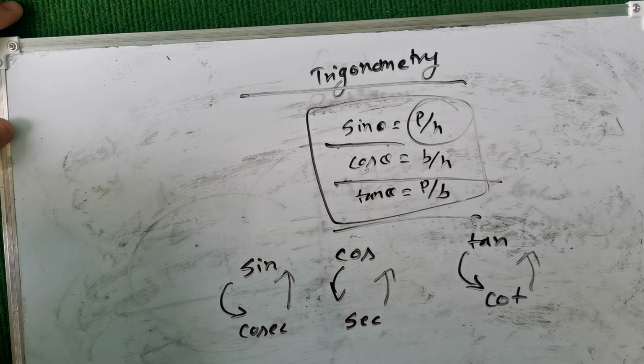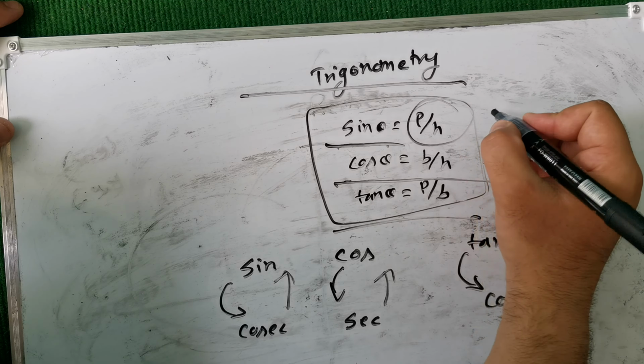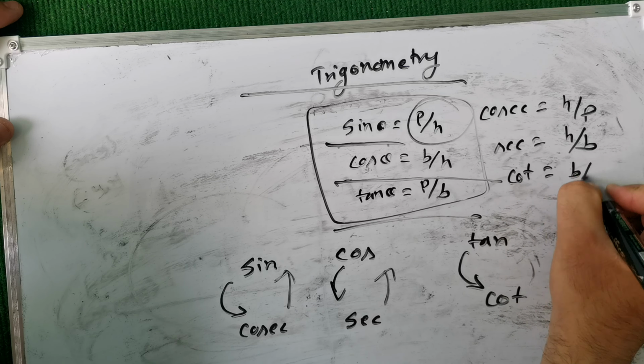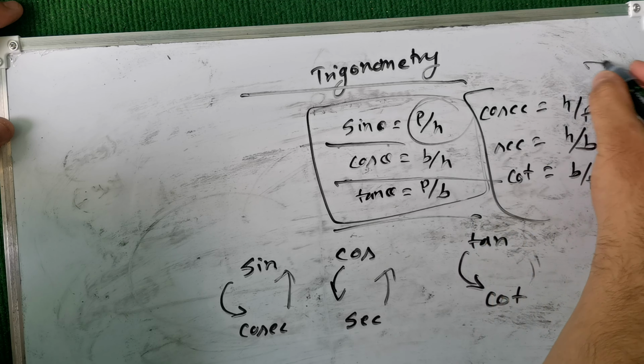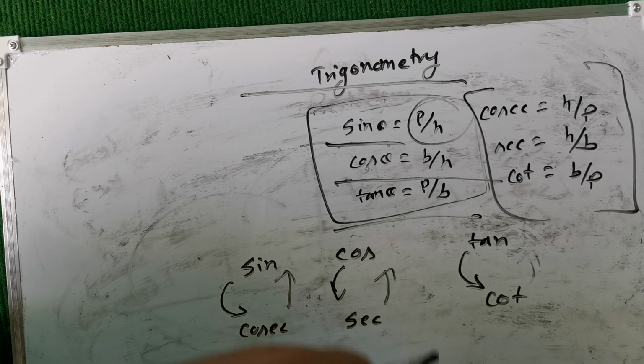If they are opposite to each other, then cosec A is equal to h by p, sec is equal to h by b, cot is equal to b by p. Okay guys, did you get it or not? I think you got it.